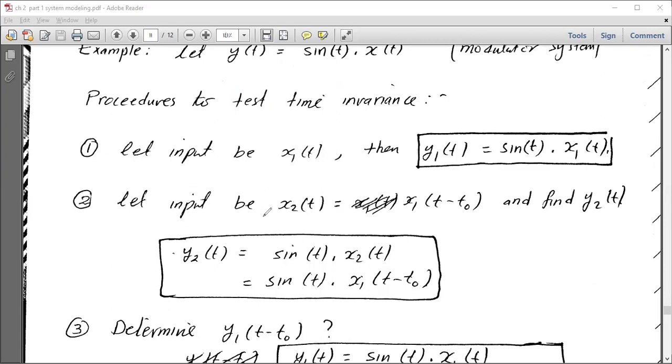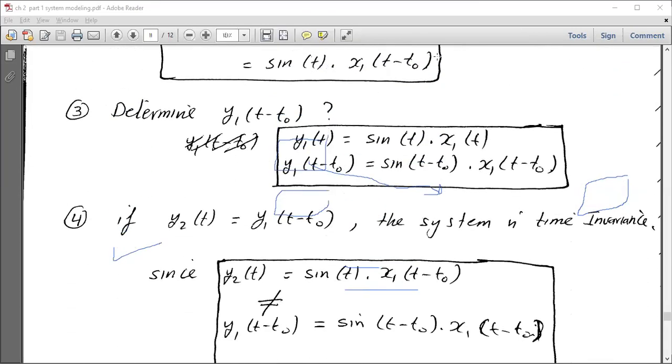Step 2, let the input be x2 of t, a shifted version of x1. Make another input, which is a shifted version of the first input, and find y2, the corresponding output. So y2 of t equals sine of t multiplied by x2 of t, and x2 of t is x1 shifted.